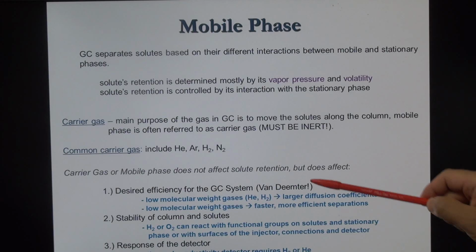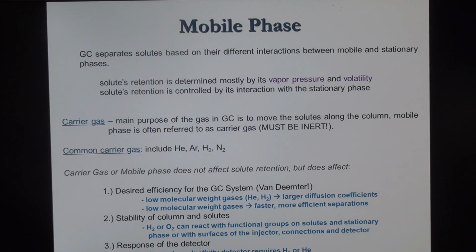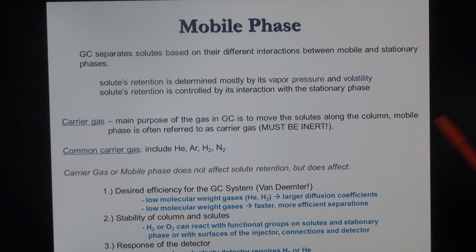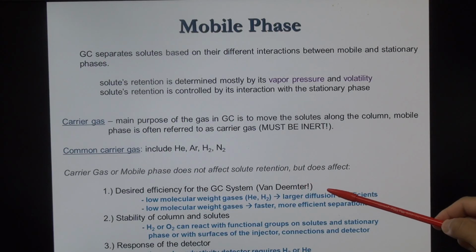If you recall the Van Deemter plot, the plate height is dependent on many different factors, such as multiple path, longitudinal diffusion, and mass transfer. And we had a term which was the flow rate of the mobile phase, right?